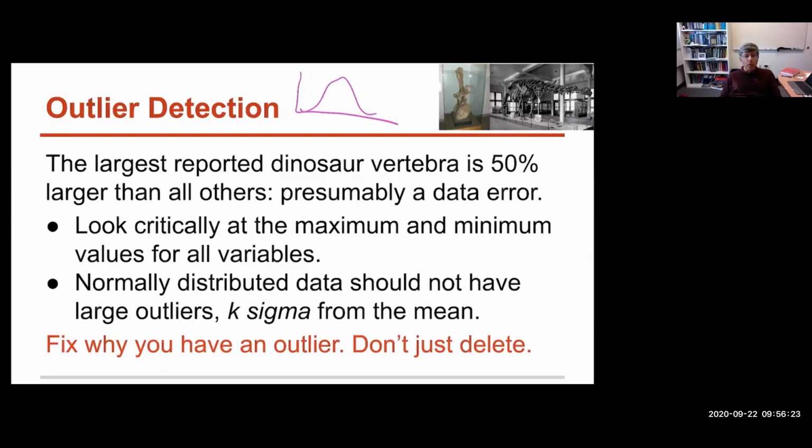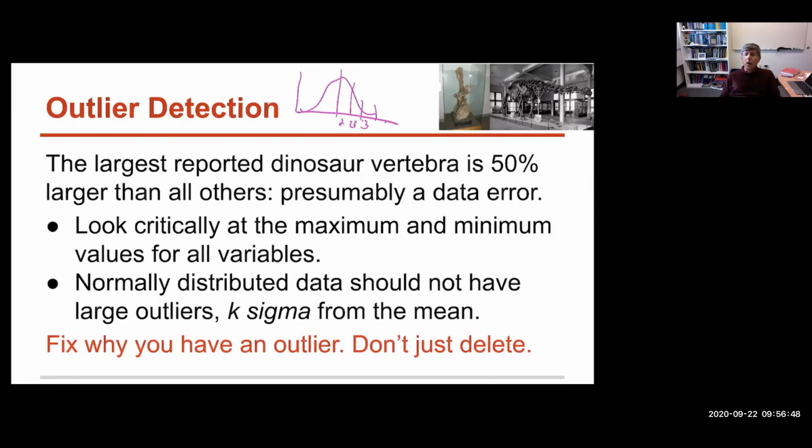In general, if we figure out how many samples we should expect to see when we break the distribution into distances based on the standard deviation sigma, 2 sigma, 3 sigma, 4 sigma, you will not have large deviations from the mean.